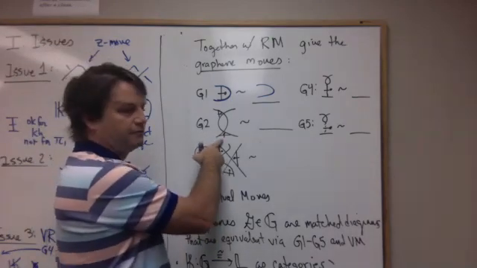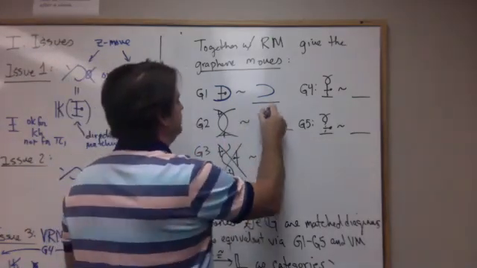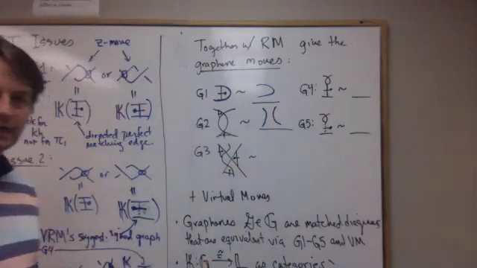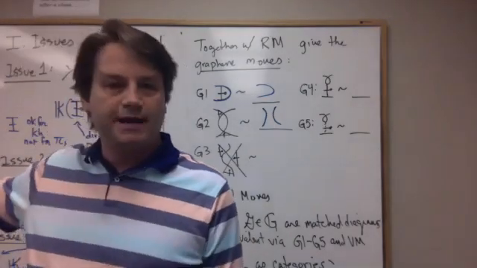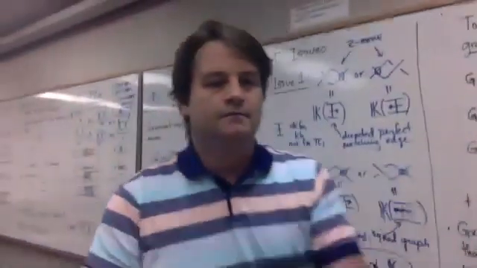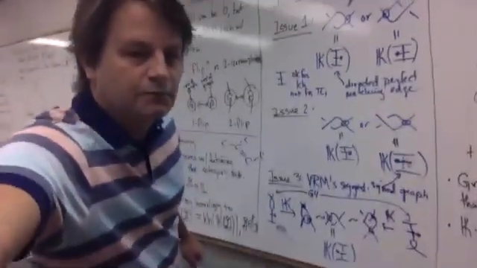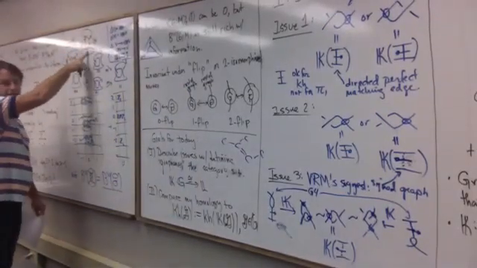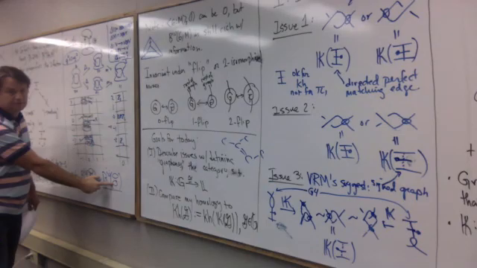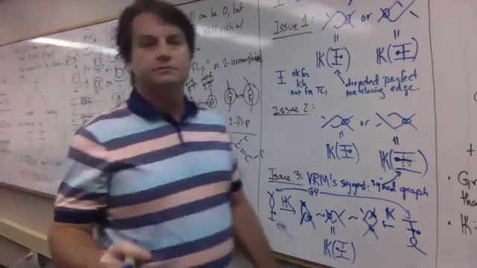Similarly, this looks like a Reidemeister 2 move, and that's exactly right. You can replace it with that. And that, by the way, is the thing that proves that back here, when we did this example, this guy is just a Reidemeister 2 move to the two unloops.